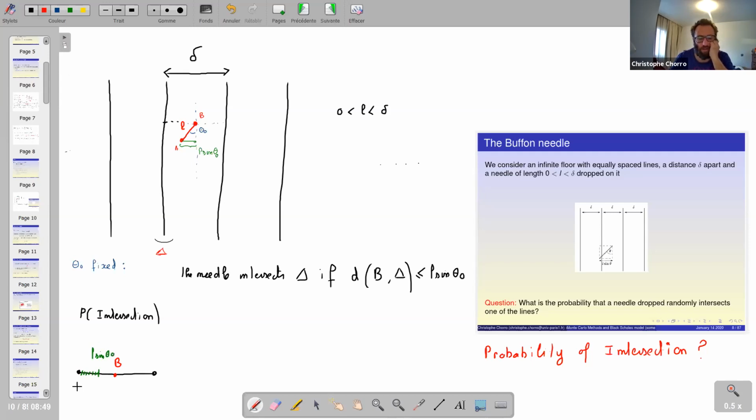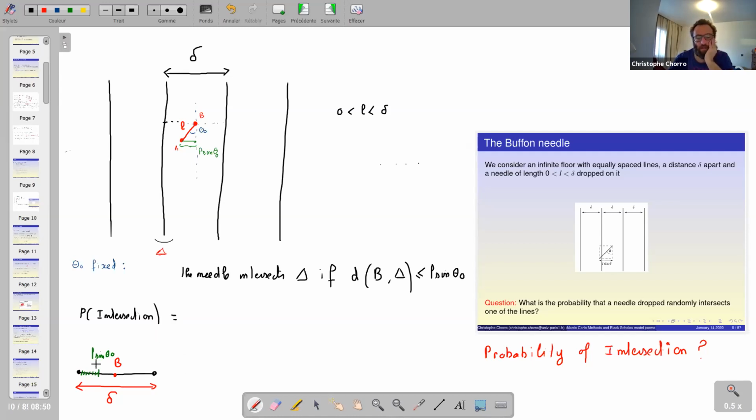And here, because I want to compute a probability, I remind that this length here is equal to delta. And so my probability of intersection, as usual, is what? Here I am in the continuous case.